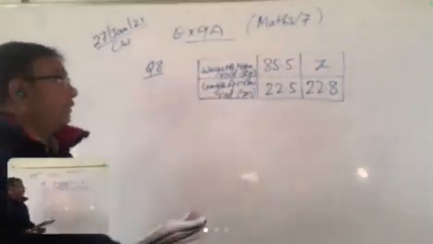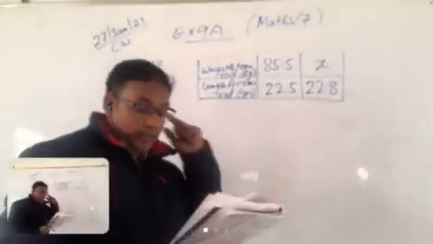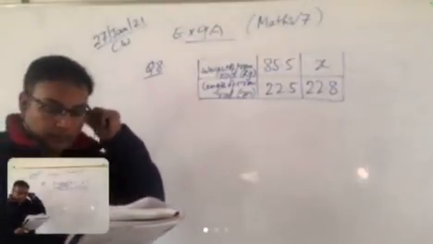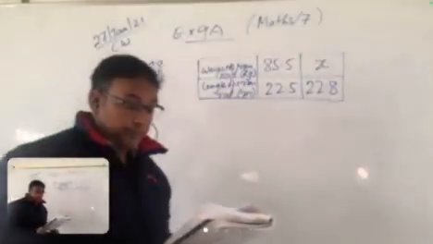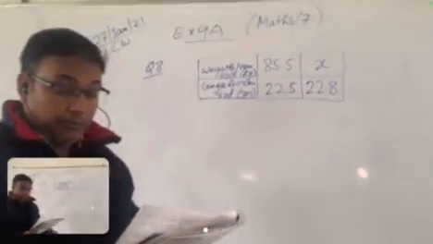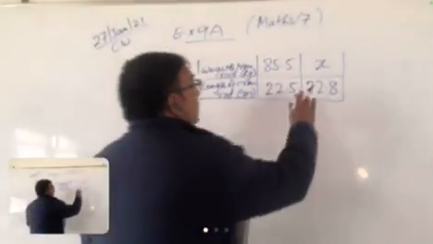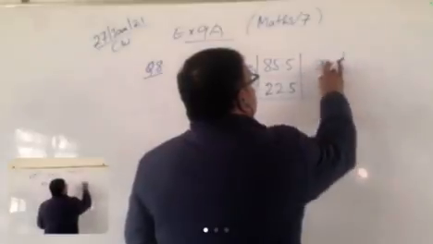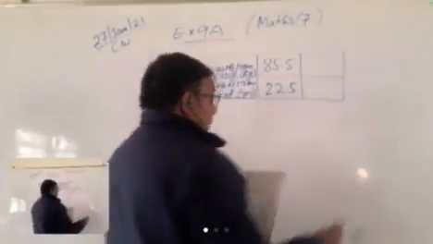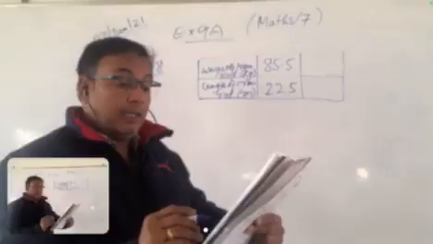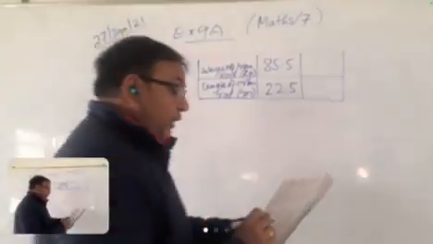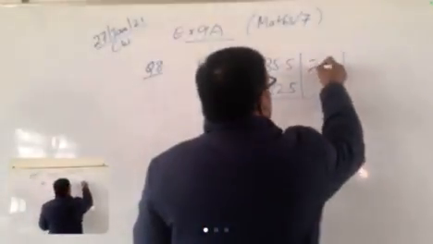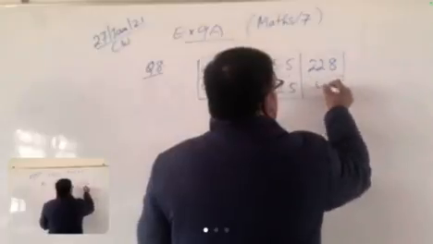Now we have to find the weight of the iron rod, no, sorry. Now see, what will be the length of iron rod if the weight is 22.8 kg.